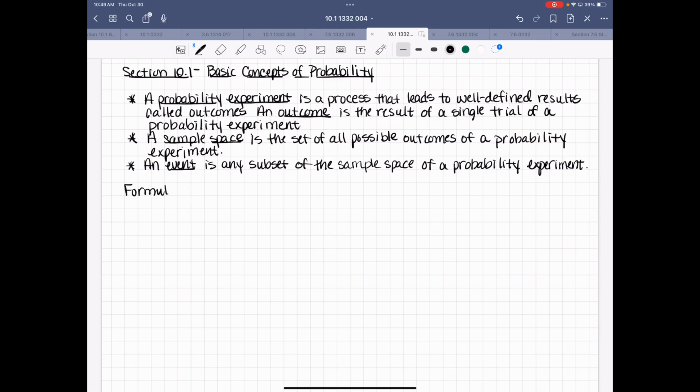So the formula for theoretical probability.